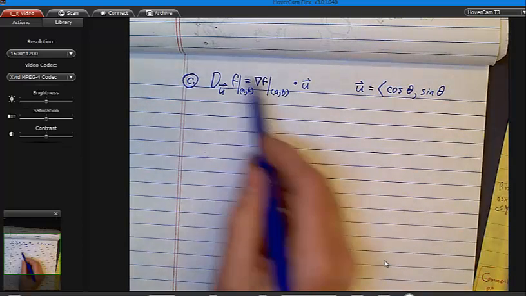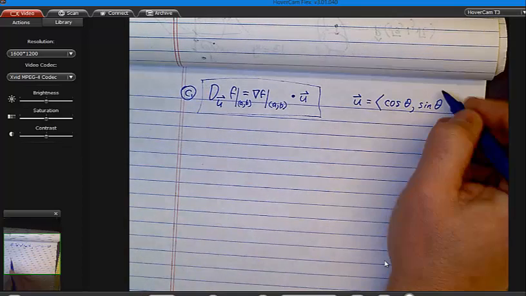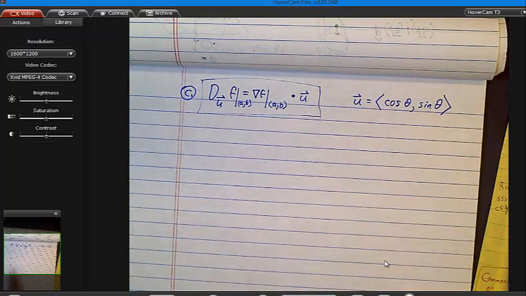So this is the formula I'm going to use. But my u is going to be cosine theta, sine theta, and you could pick any vector you want coming out of P, and you could get the directional derivative then. That's the idea.